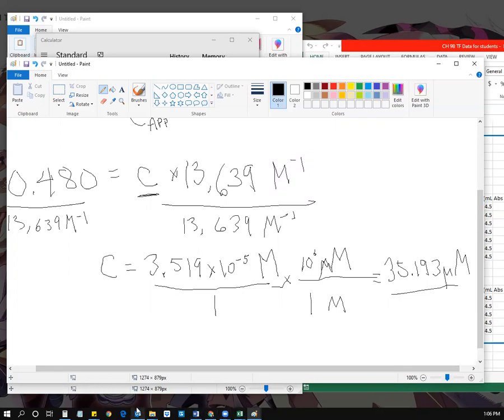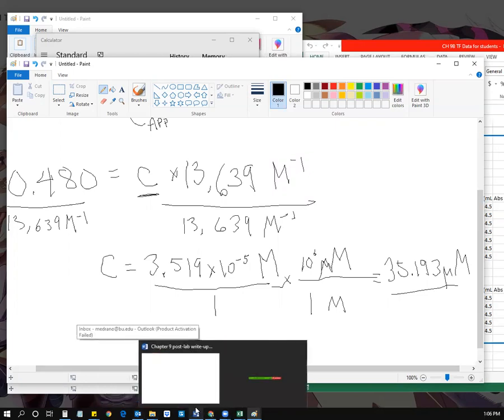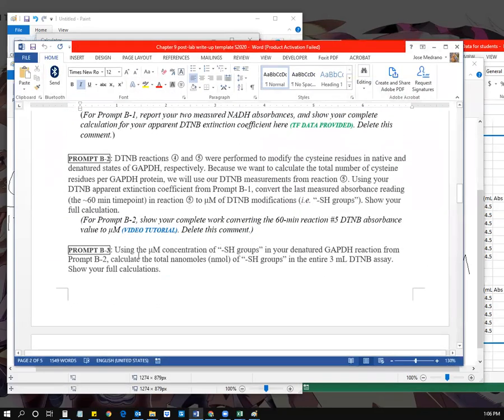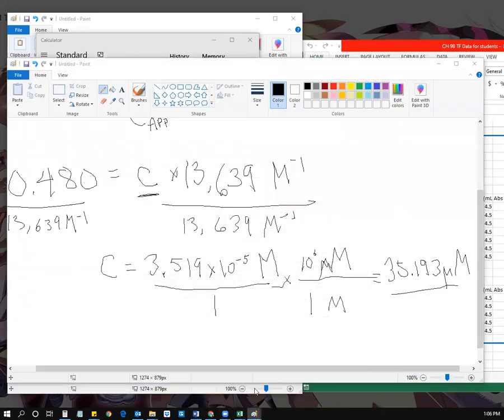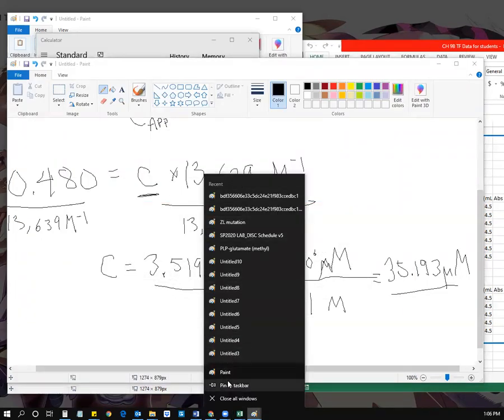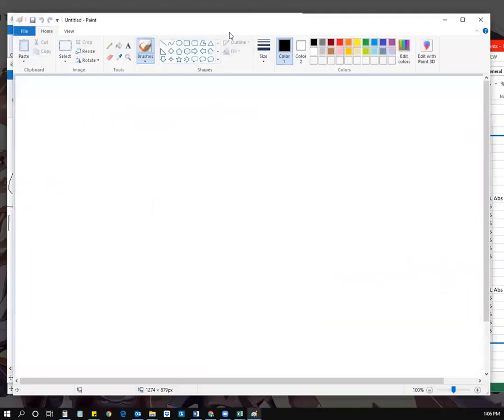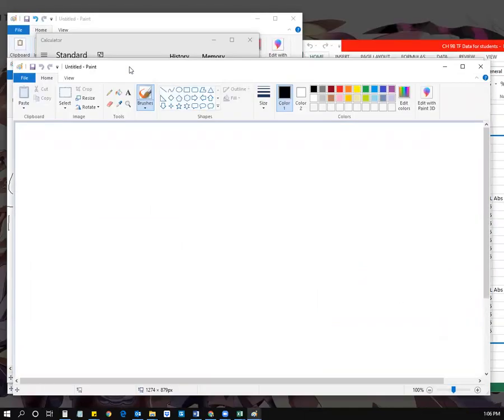And thankfully, we do know, because the whole DTNB reaction happened in a 3 mL reaction itself. So I'm going to set up another paint board here and just carry over the answer from the previous prompt.